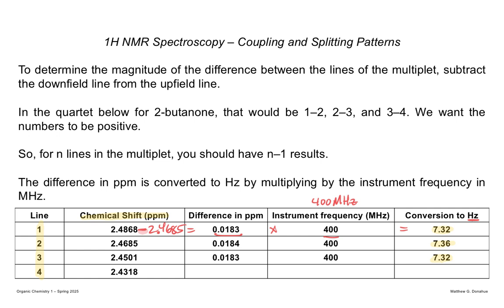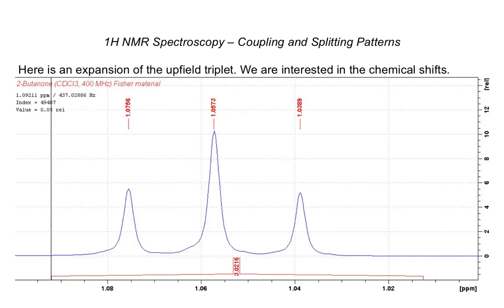Now we're going to look at the triplet and see if we get the same value. Because those neighboring protons influence one another, we should get the same value. The coupling between them should be the same magnitude. So we have the triplet. There are the chemical shifts of the 3 lines highlighted in yellow.